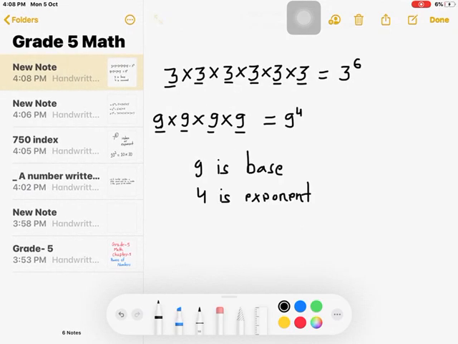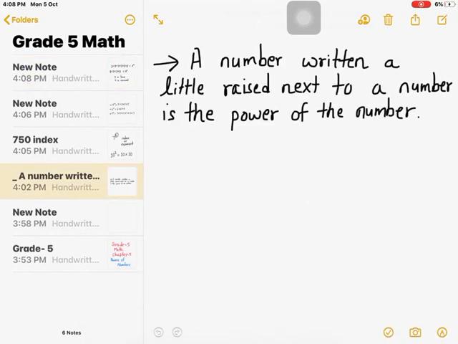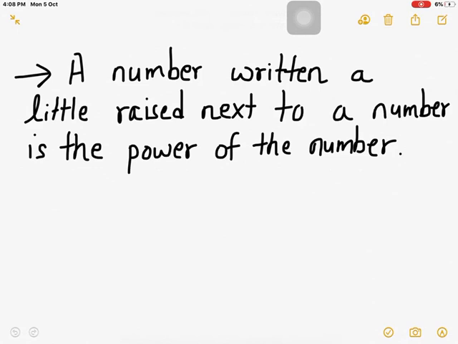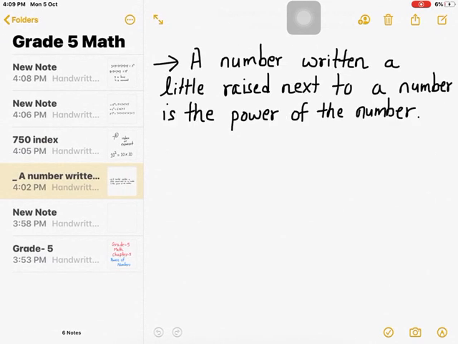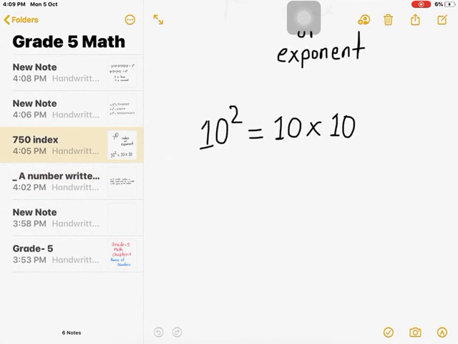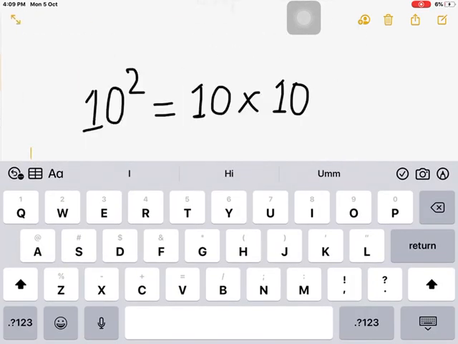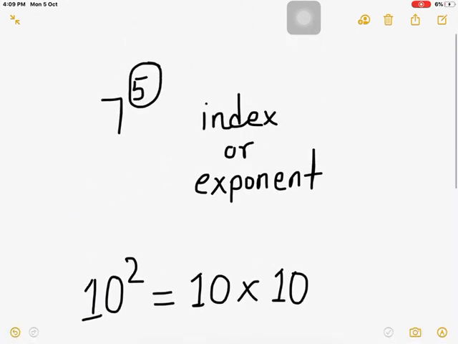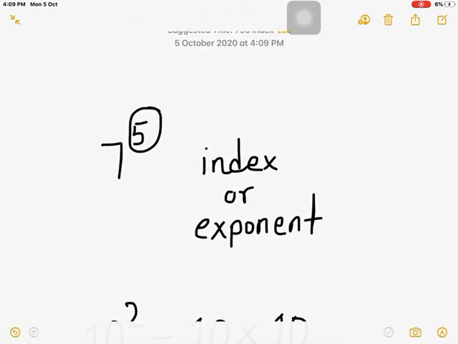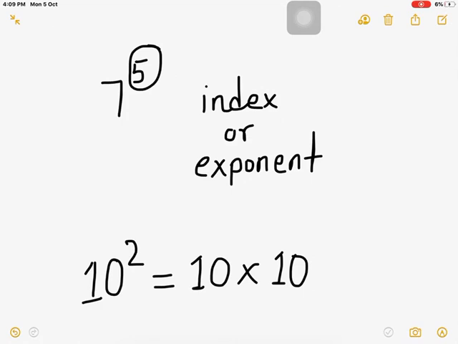So here let me revise. Today we are in a new chapter, that is powers of number. And what is powers of number actually? A number written a little raised next to a number is the power of number. For example, 7 power 5. Here 5 is the index or exponent.